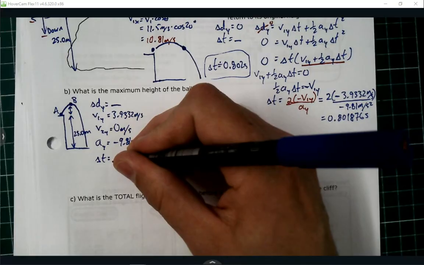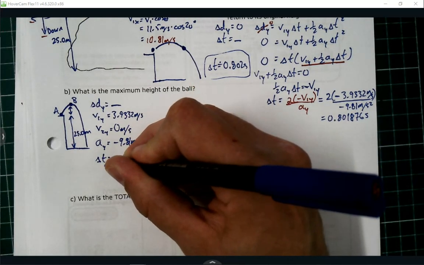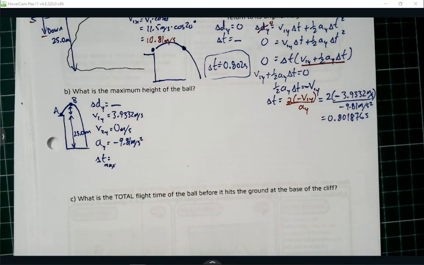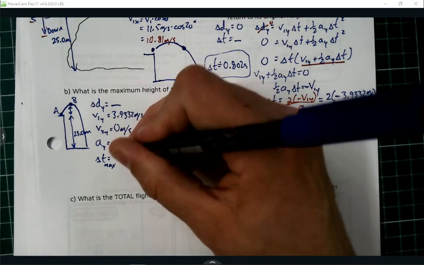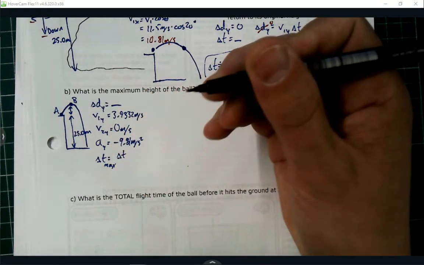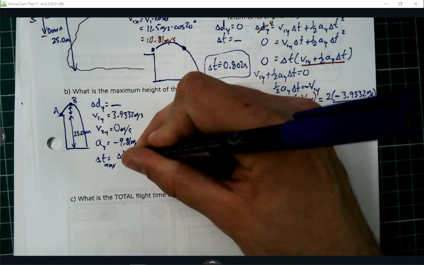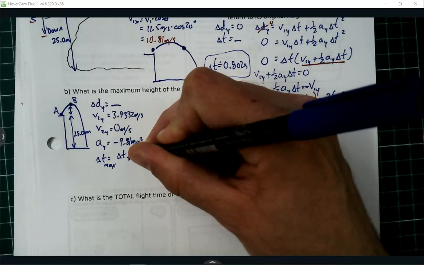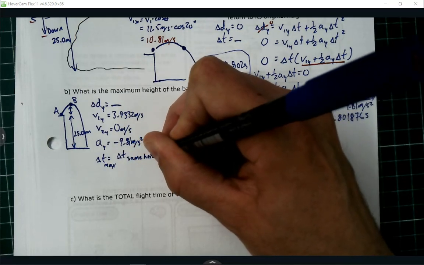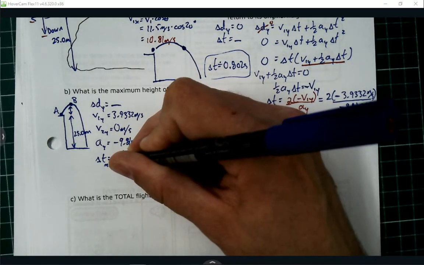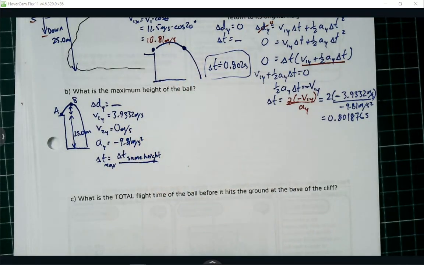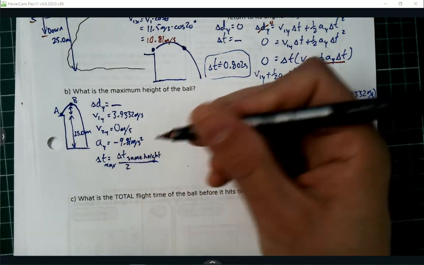So we say, okay, the time to get to the maximum height, I'll call it delta t max, is going to be delta t same height divided by 2. That's a ridiculous subscript, but it's kind of descriptive for me.